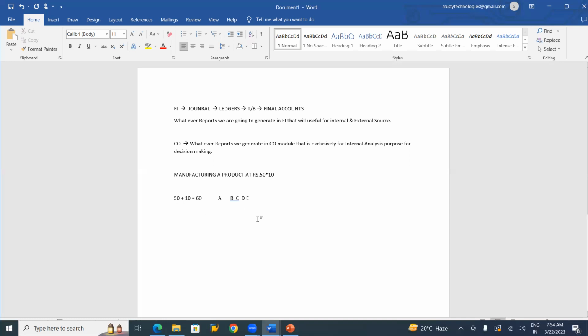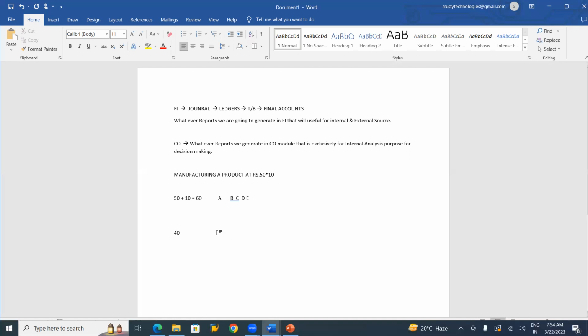In another month, due to some reason, these 5 persons are not able to buy the products. At that particular point of time, I have sold each product at 40 rupees, with a loss of 10 rupees. Leave the actual cost. I'm selling these 10 products at 40 rupees. Clear? So this is a loss.